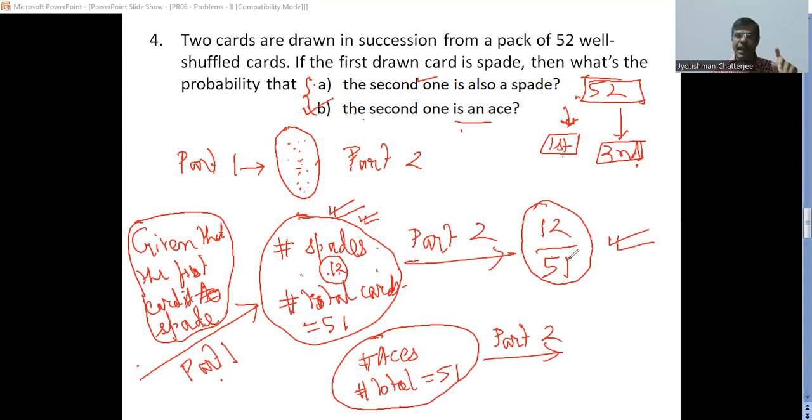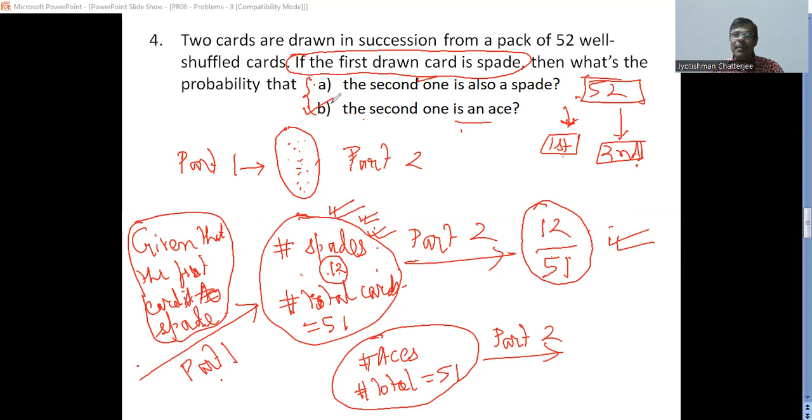But again, it depends on the fact that no matter which card is chosen under the given condition, we are left with the same configuration of interest. Here the configuration of interest is this one. That's why we can conclude that the answer is this.